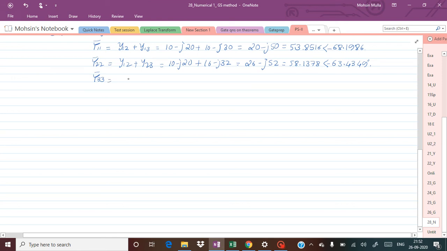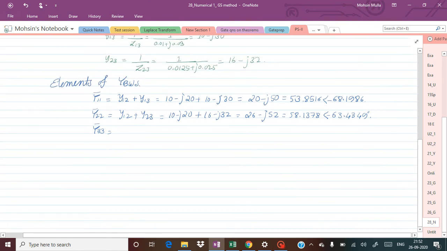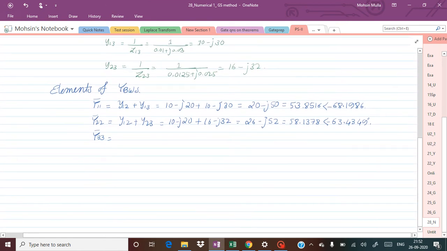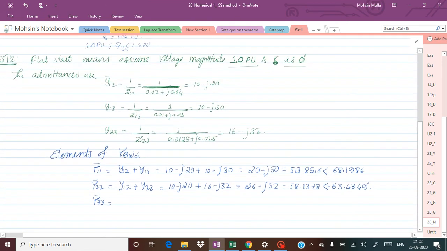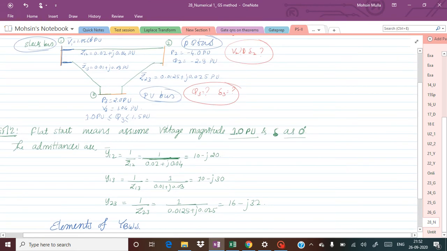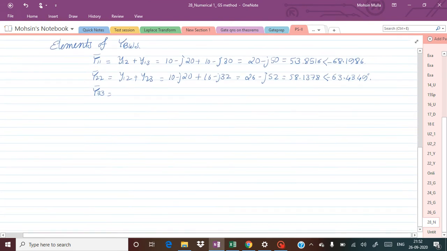Similarly, the third diagonal element Y33 is whatever is connected to the third bus. What are connected to the third bus? 1-3 and 2-3. So y13 plus y23. Substituting, y13 is 10 minus j30 plus y23 is 16 minus j32.